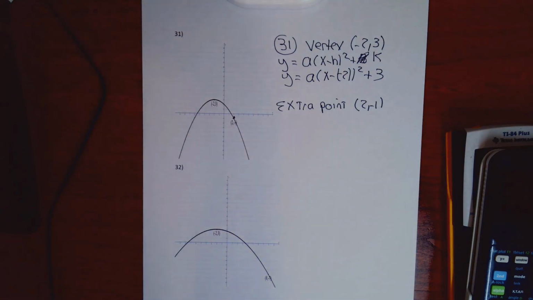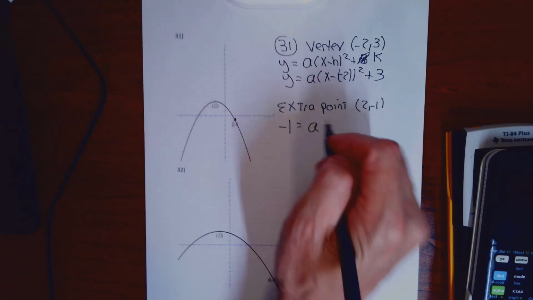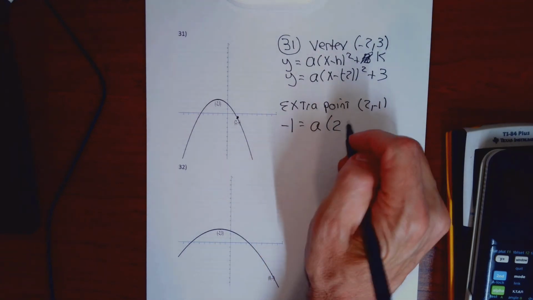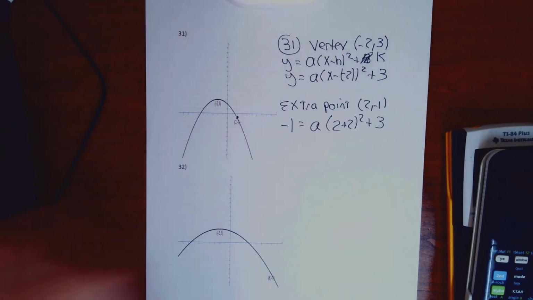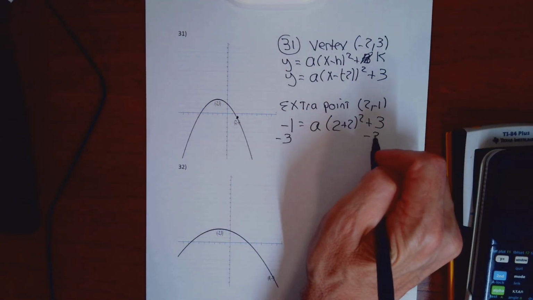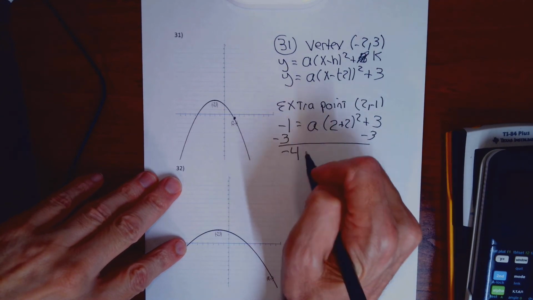Now I'm going to move down, plug negative 1 in for y, leave the a alone, plug again 2 in for x, change the double negative to a plus, leave my plus 3, minus 3 from both sides. That will give me minus 4.